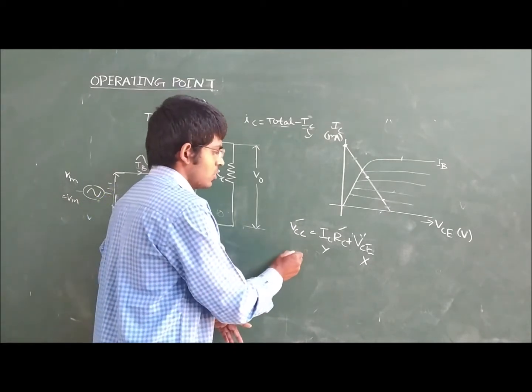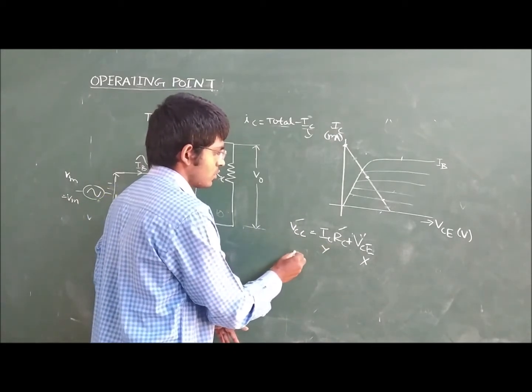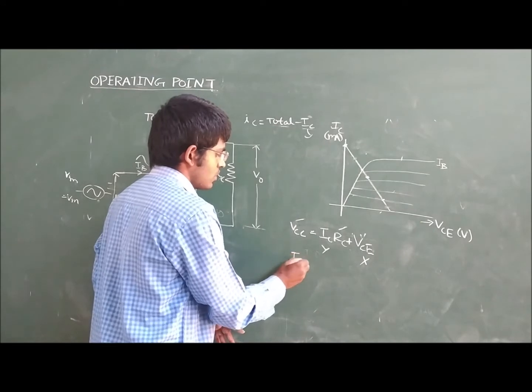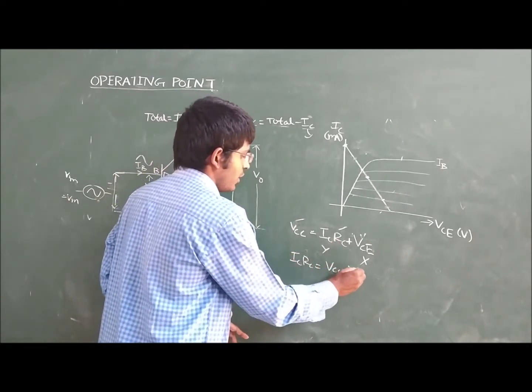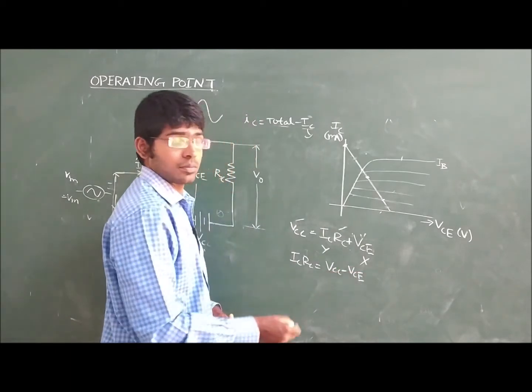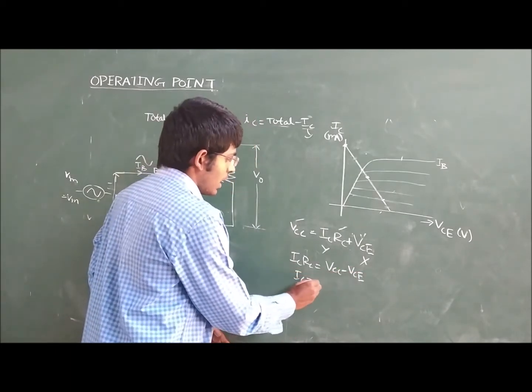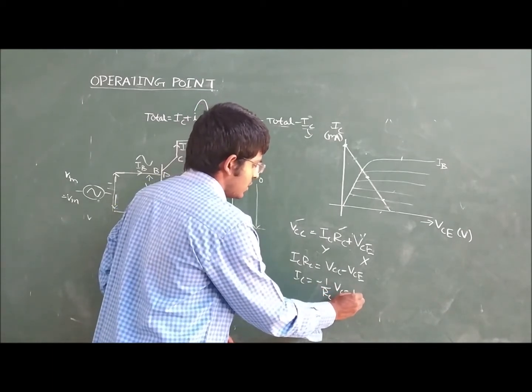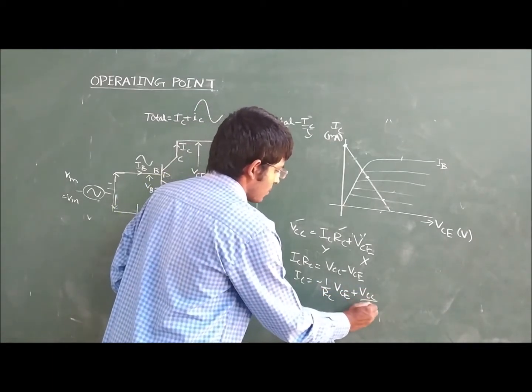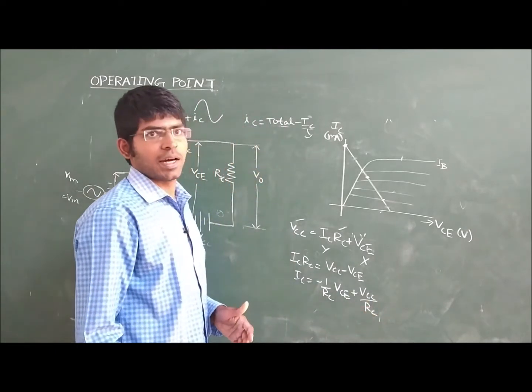Okay, so now ICRC equals VCC minus VCE. IC is equal to minus 1 by RC times VCE plus VCC by RC.